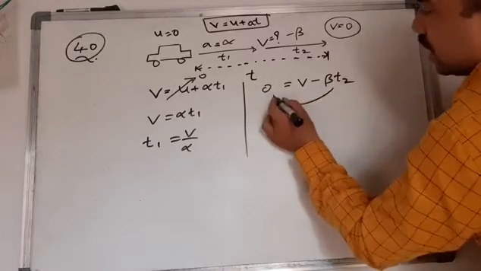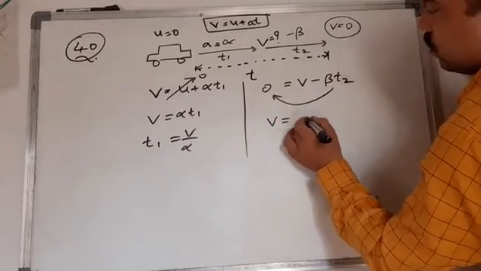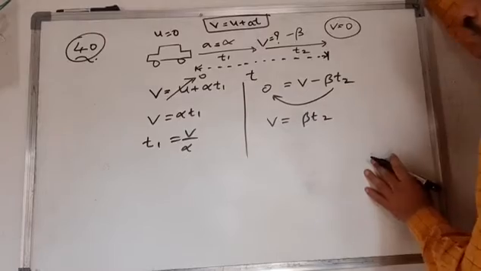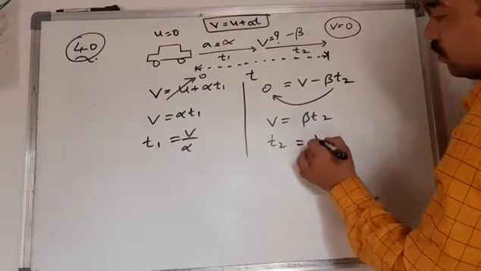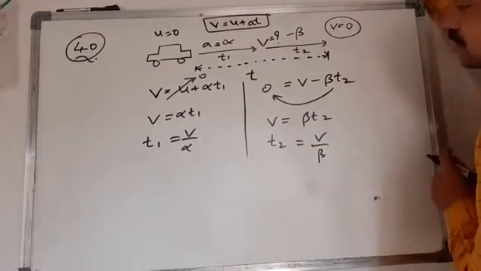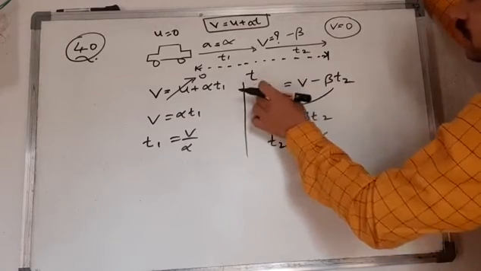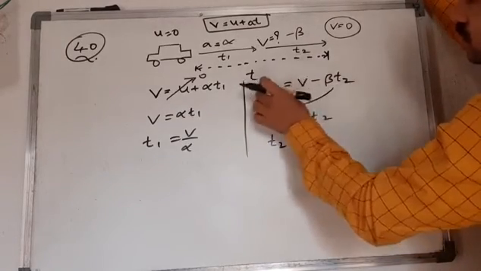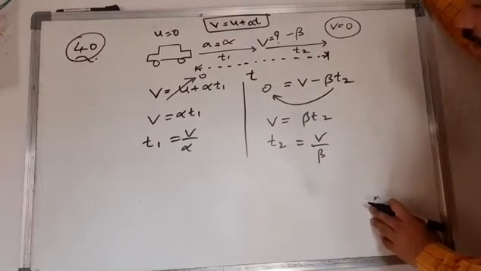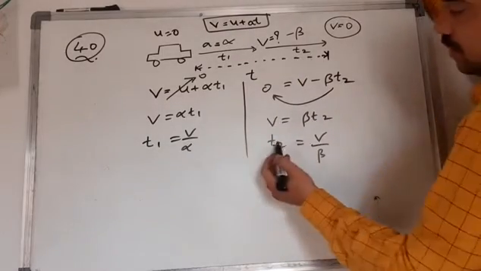Take this minus to this side, we get v is equal to beta t2. So t2 is equal to v by beta. Nothing to worry, okay? So we got t1 and we got t2.